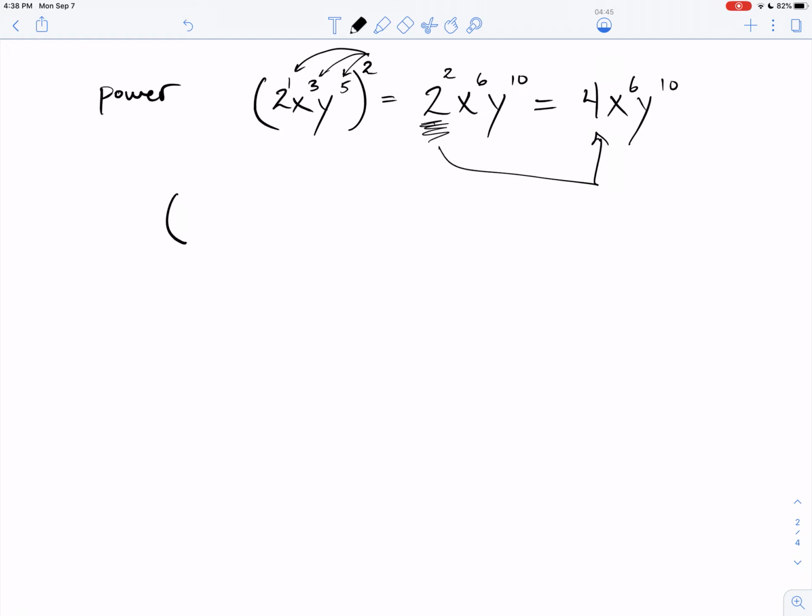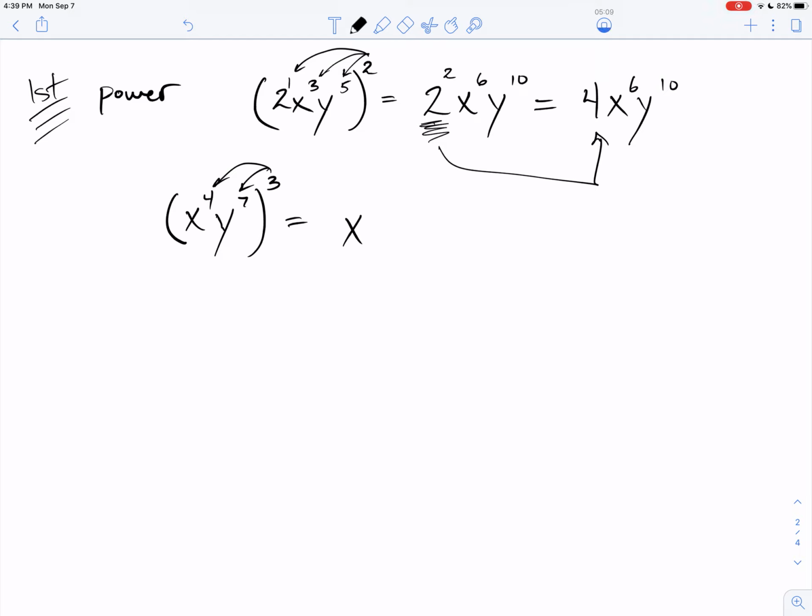When you have anything, and they give you an exponent on the outside, you should always do this rule first. The power rule should always be the first thing you look at, because this guy is the only rule like it.